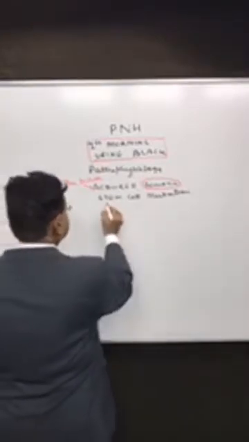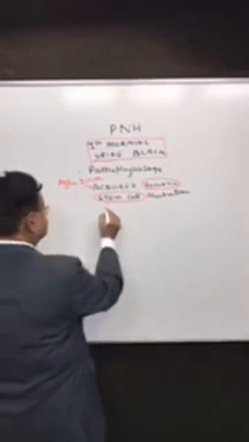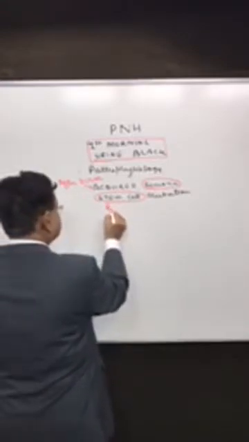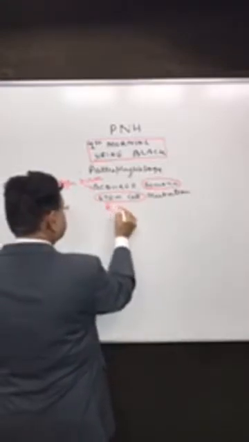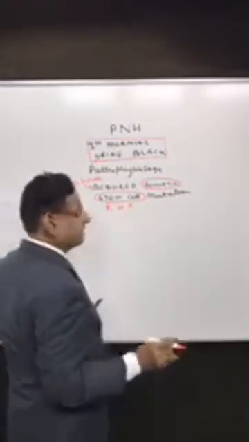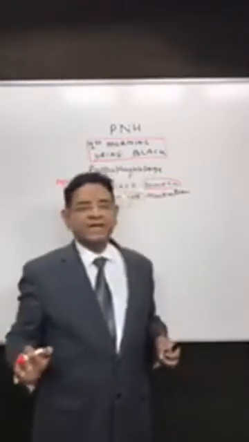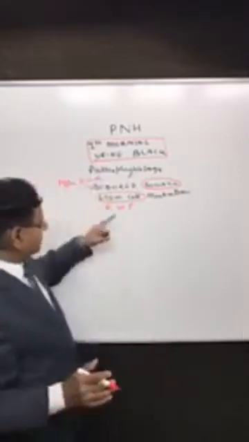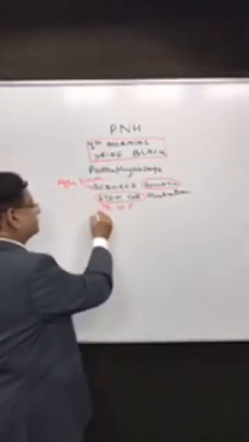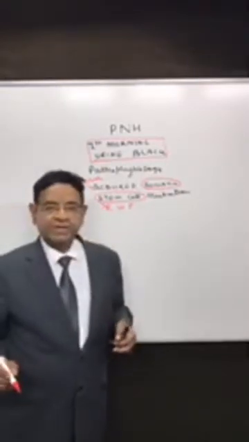Since it is a stem cell disorder, in this all the three cell lineages, RBC, WBC, platelet, are involved. This is the reason, because it is a stem cell disorder. Now what happened?